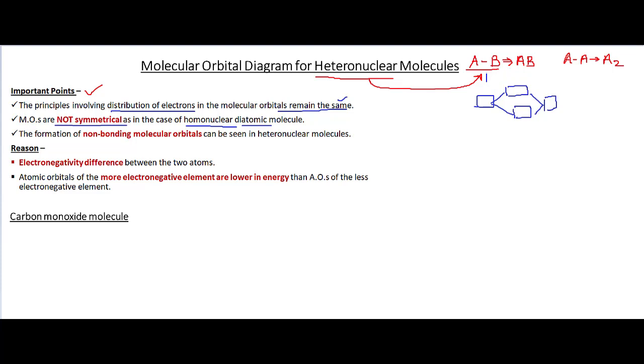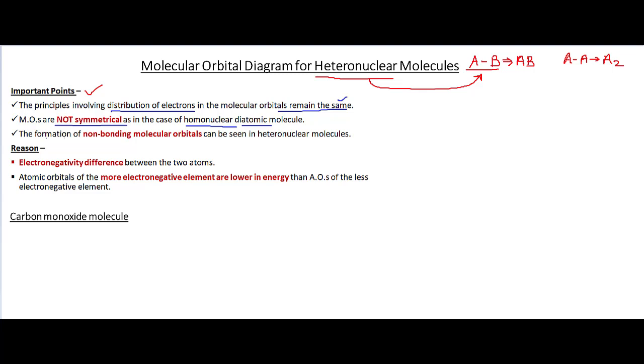That is the meaning of unsymmetrical. Now this distance will be different. Why? Because the energies will be different. Also, because two different atoms are involved, they will have their atomic orbitals at different energy levels.